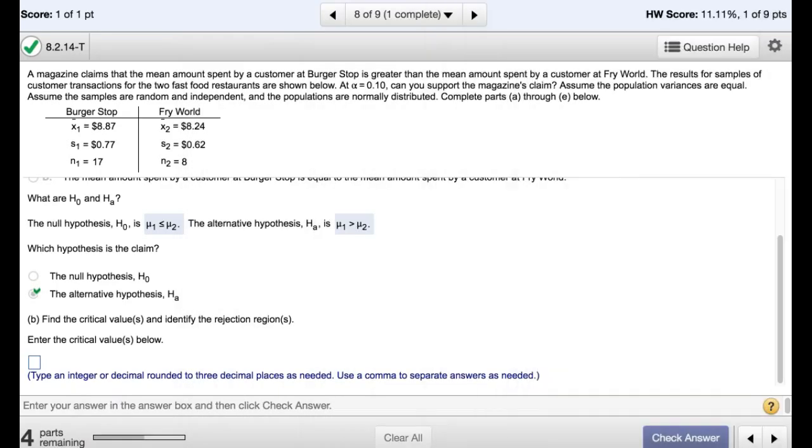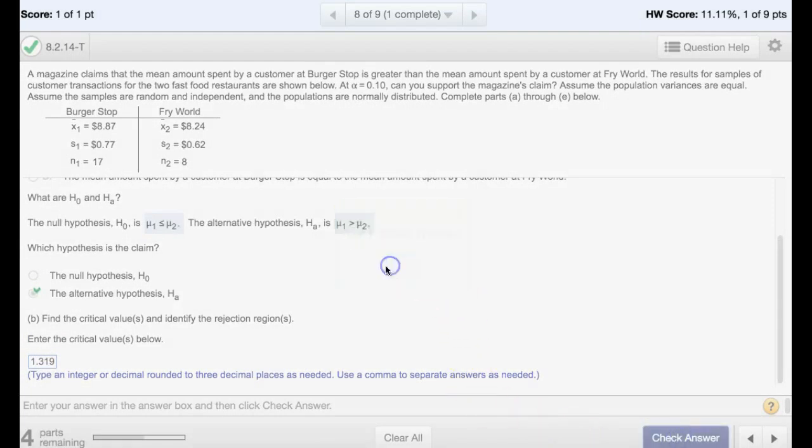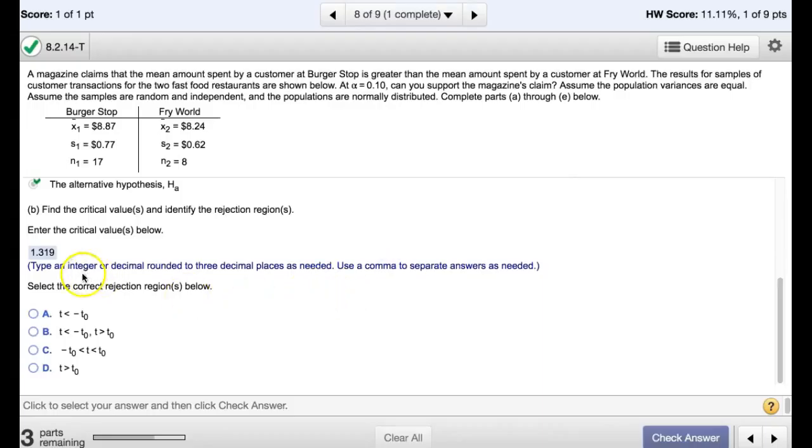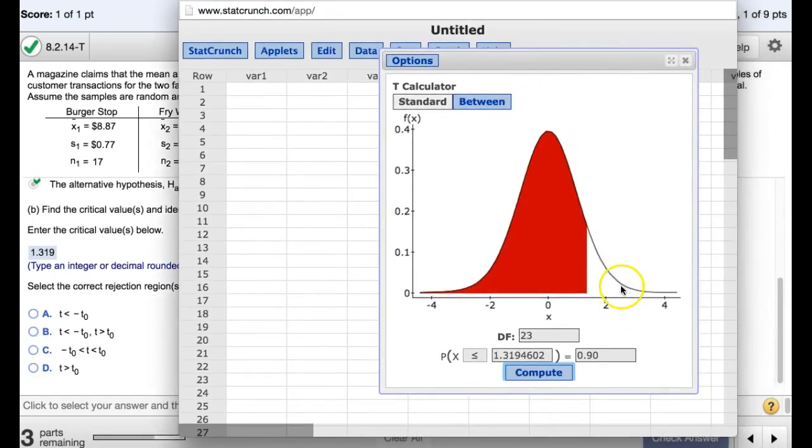All right, so we'll go ahead and move the StatCrunch out of the way. 1.319. Okay. And so the next thing we need to do is select the correct rejection region. And so if we look back here, I'm going to grab StatCrunch. Everything that is in the white here is going to be our rejection region.